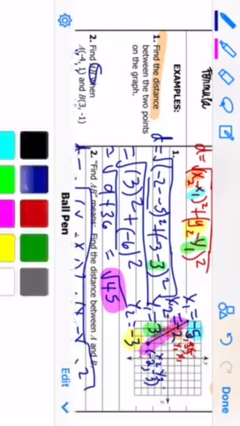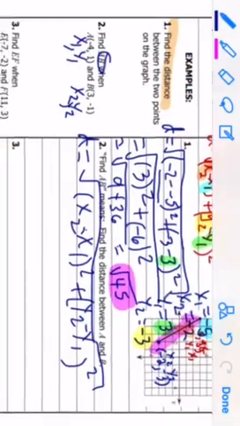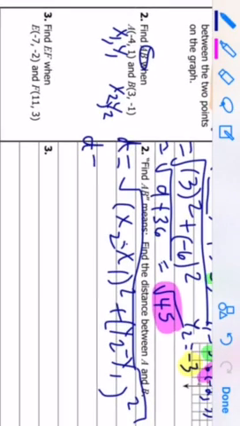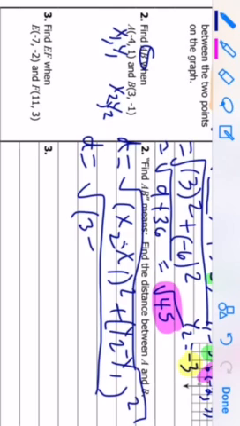I'll do this one a little bit faster. So distance equals square root, make a big square root, x2 is 3. So we'll do 3 minus x1 is negative 4. So 3 minus negative 4. Don't forget there's 2 minuses there. Squared plus y2 minus y1 is negative 1 minus 1 squared.